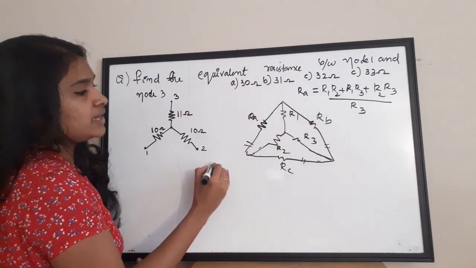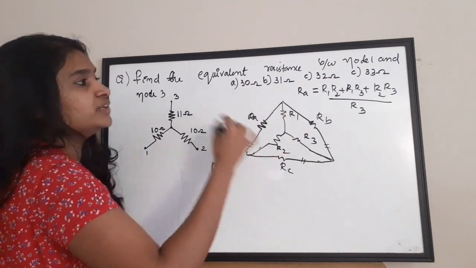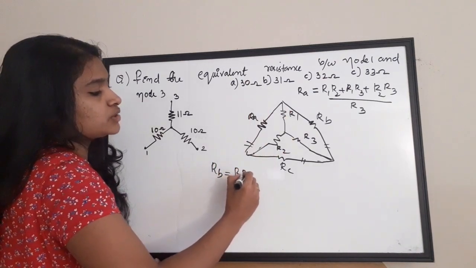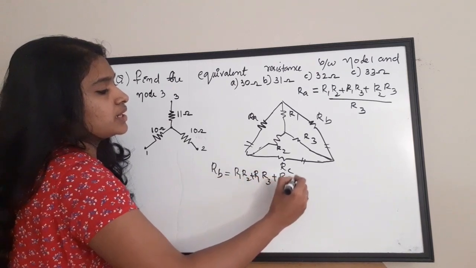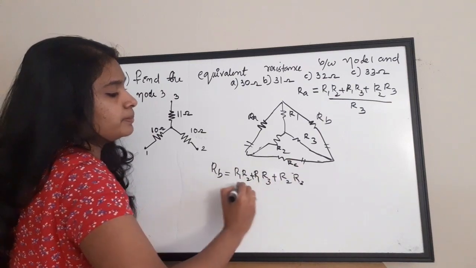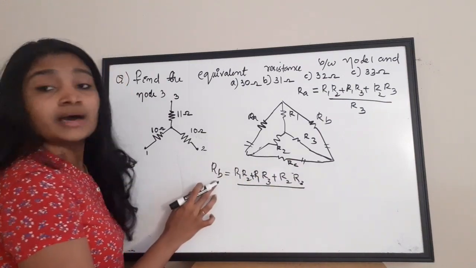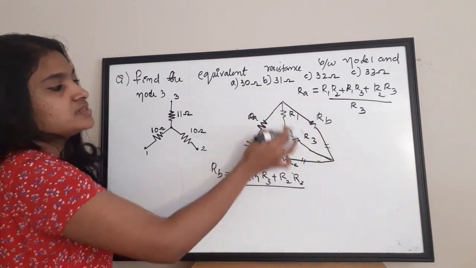Now the value of RB will be, RB is equal to, again the numerator is same, R1 R2 plus R1 R3 plus R2 R3 by, we are going to take RB resistance, right? So here is RB and the opposite resistance is R2.